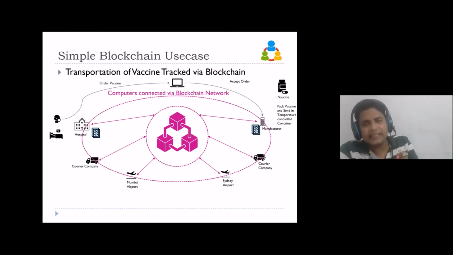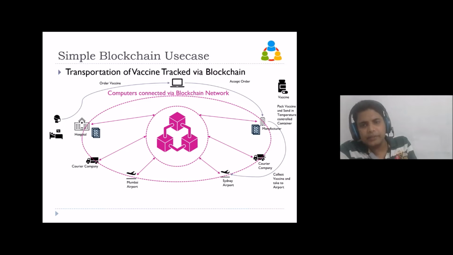The moment they update their ledger, the blockchain, on their computer, the moment they say that I have packed the vaccine and kept it in a temperature controlled container, that information is immediately available to the hospital.